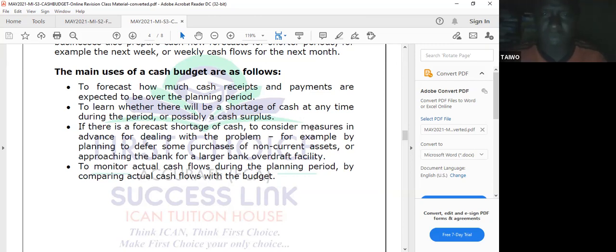Another use is, if there is a forecast shortage of cash, to consider measures in advance for dealing with the problem. It means that if you are going to have a problem of cash, you'll be able to know in advance due to the cash budget, so that you can plan towards handling that shortage. It is also used to monitor actual cash flows during the planning period by comparing actual cash flows with the budget.